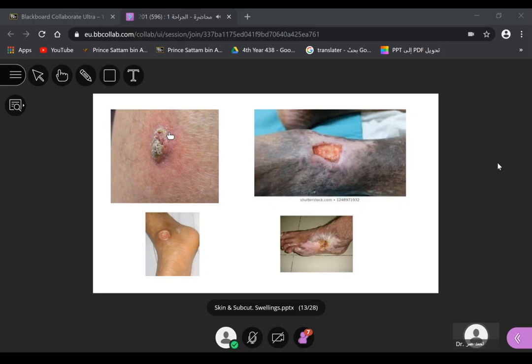So I'm talking about the head and neck, the upper part of the trunk, shoulders, and the limbs. Areas covered by clothes, not directly subjected to sun rays, usually don't get tumors. They happen in sun exposed areas. Okay, is that clear?